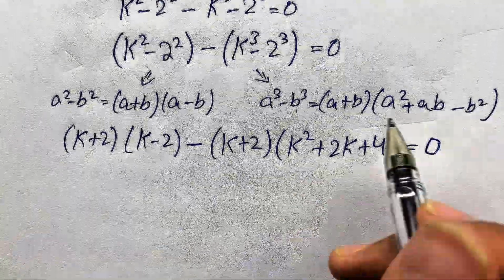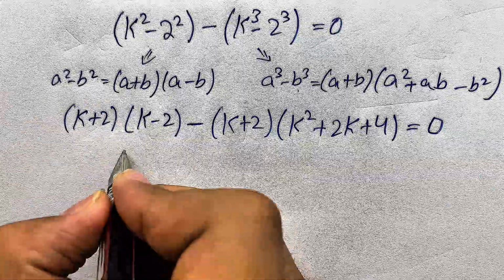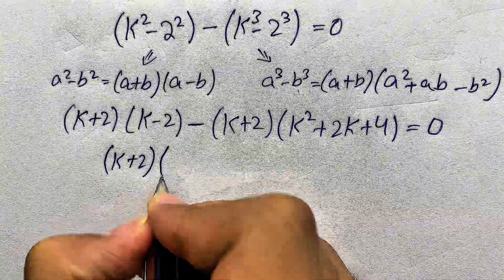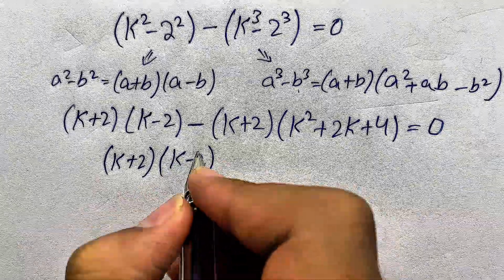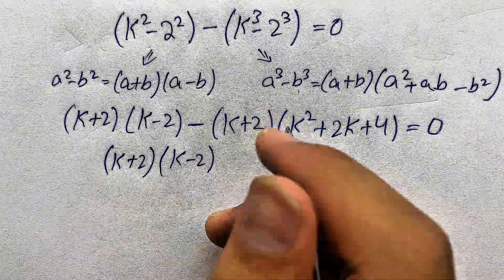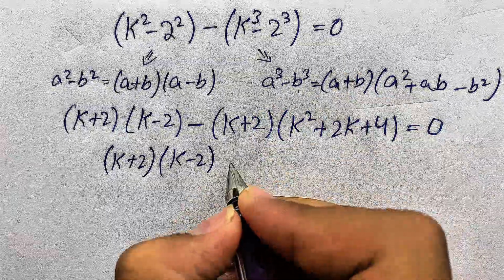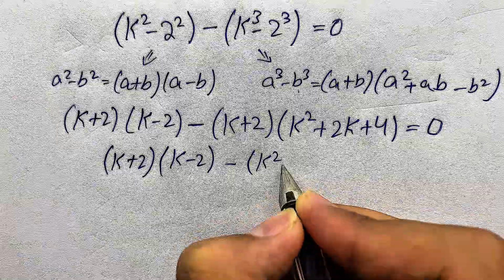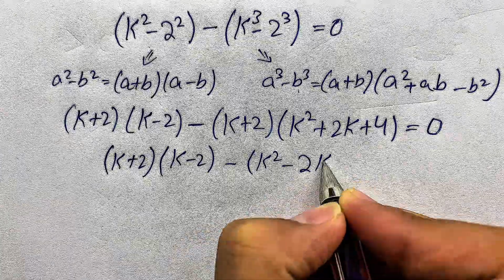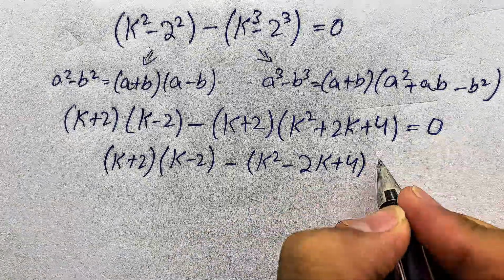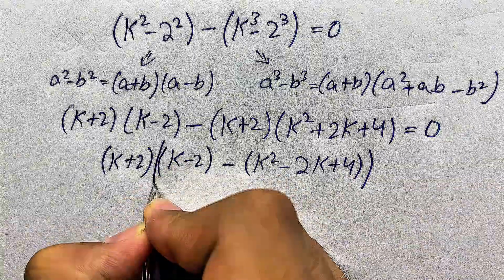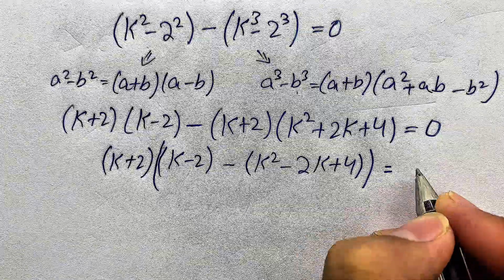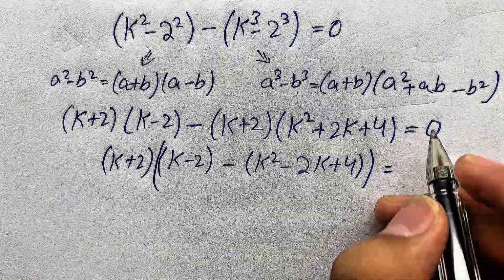Now (k + 2)(k - 2) minus (k - 2)(k^2 + 2k + 4) is equal to 0.